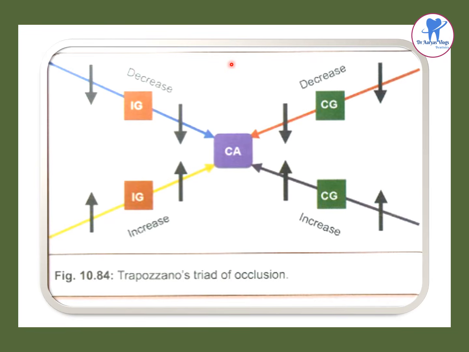And he eliminated the compensating curves and the plane of orientation. The other 3 factors are necessary for the balanced occlusion, which are the incisal guidance, cusp angulation, and condylar guidance. And he eliminated compensating curves and the plane of orientation.